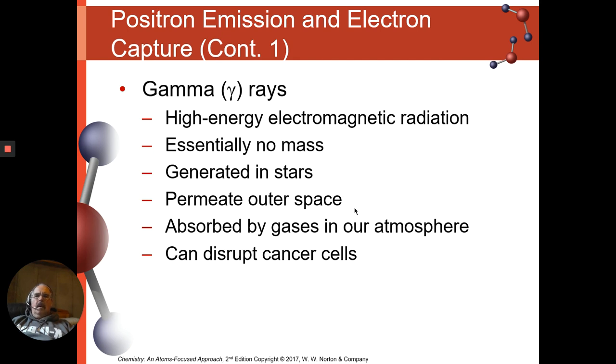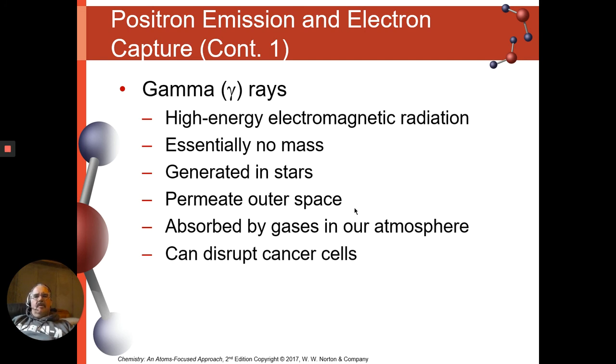So gamma rays are high energy electromagnetic radiation, very penetrating. It takes lead or concrete to stop them. They have essentially no mass. They are generated in stars and also on Earth from terrestrial sources.